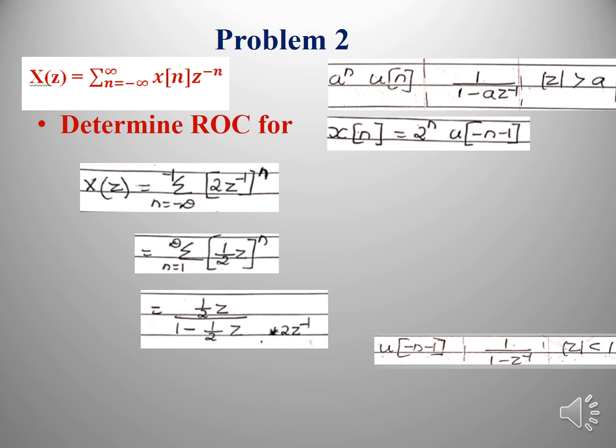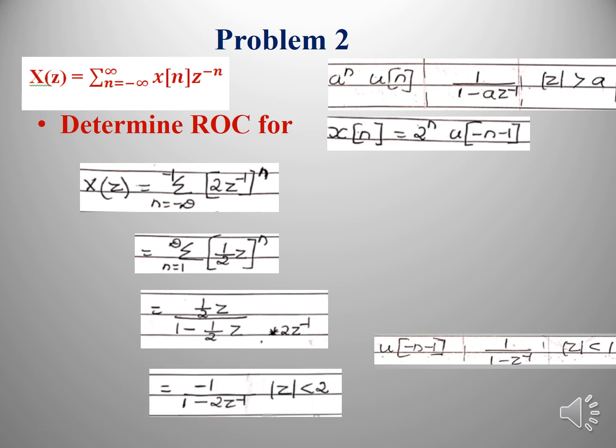The Z transform of this particular expression, as can be seen, is similar to the expression a power n u of n, resulting in 1 by 2 z divided by 1 minus half z. Let us multiply the numerator and denominator by 2z minus 1, resulting in minus 1 divided by 1 minus 2z power minus 1, and we would see from here that the region of convergence is modulus of z is less than 2.